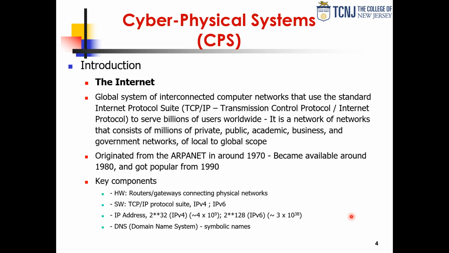So this global network of interconnected computers uses what is called the Internet Protocol Suite Stack, TCP/IP, which stands for Transmission Control Protocol / Internet Protocol. So that's what TCP/IP means.